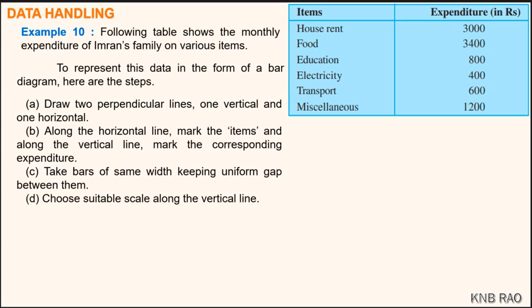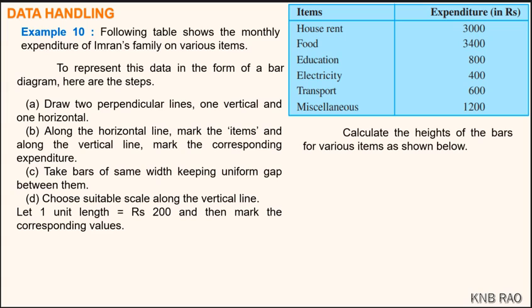Now, we will choose a suitable scale along the vertical line to draw the graph. For example, if I choose 1 unit length as rupees 200, then mark the corresponding values and calculate the height of the bars for various items. If I want to represent house rent, the bar will have 3000 divided by 200, which gives 15 units of height.